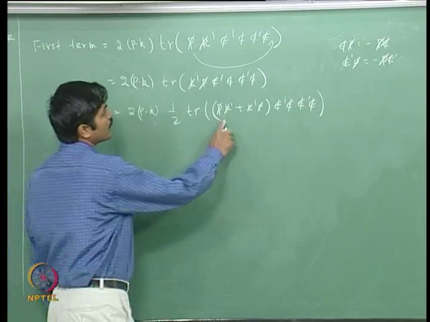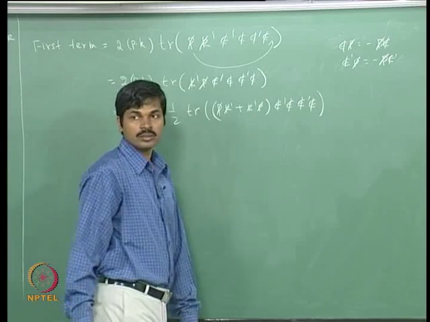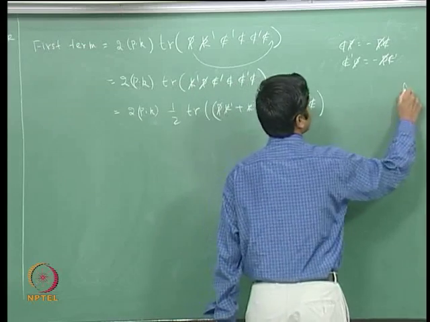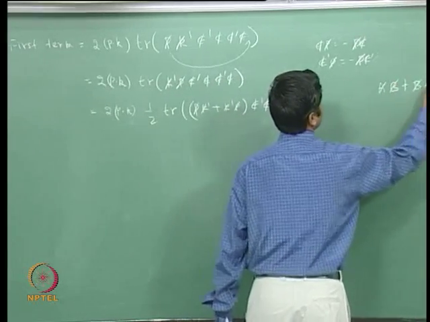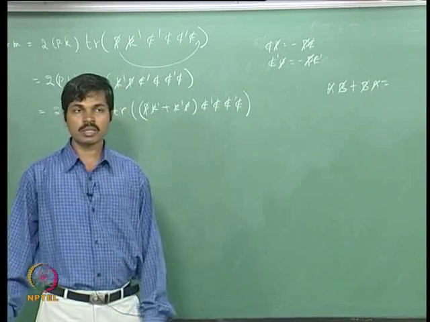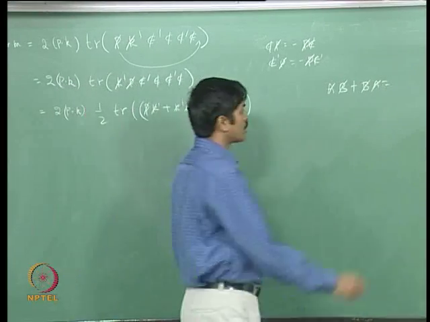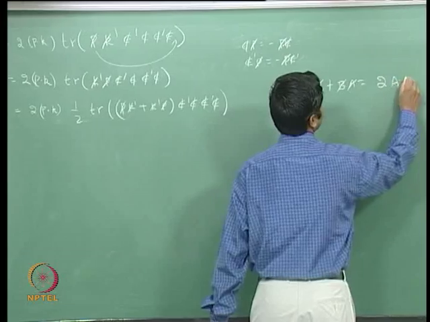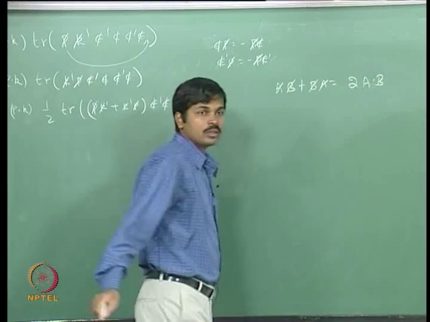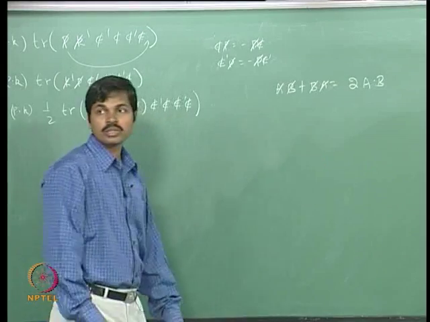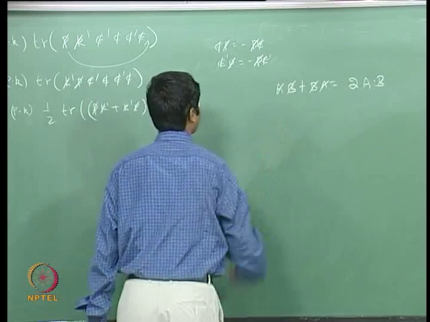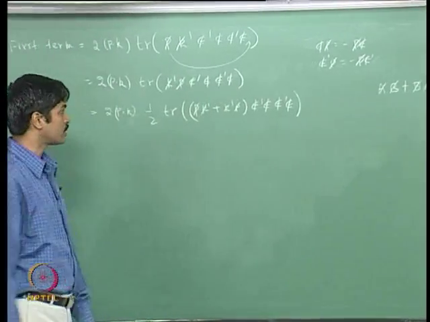Now, what is this quantity? a slash b slash plus b slash a slash is simply twice a dot b, because this will give gamma mu gamma nu plus gamma nu gamma mu, which is twice eta mu nu times a mu b nu, which is twice a dot b.